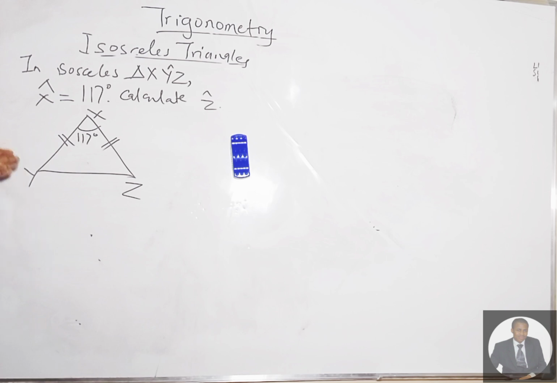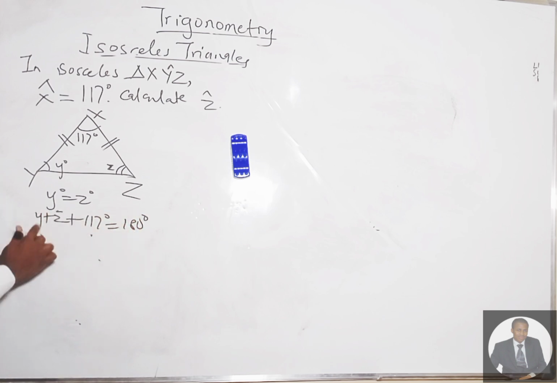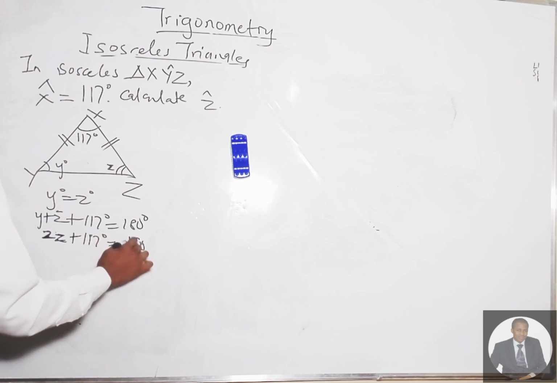Z is equal to Y because they are angles of the base of an isosceles triangle. So we say Y equals Z. So we can say, since Y equals Z, Y plus Z plus 117 equals 180 degrees. Since Y equals Z, we can say 2Z plus 117 degrees equals 180 degrees.